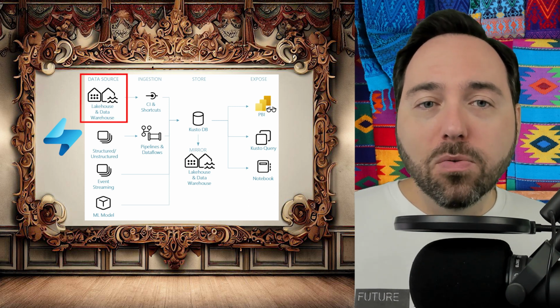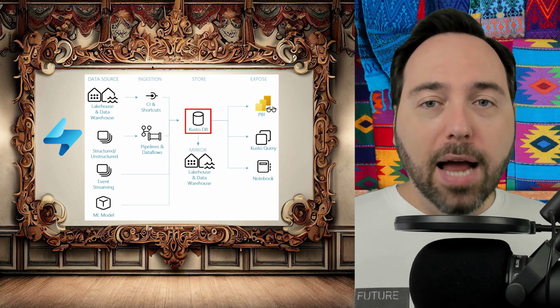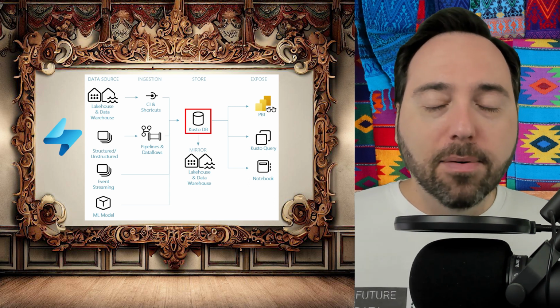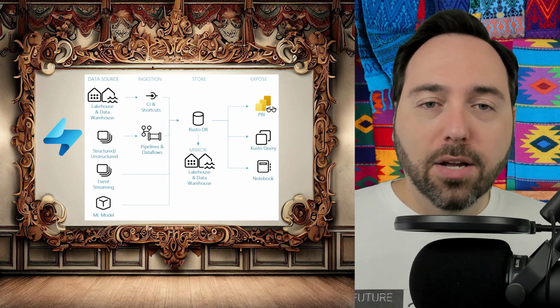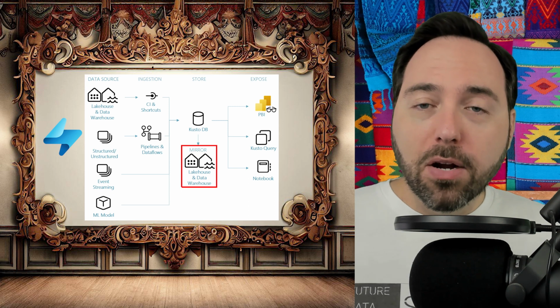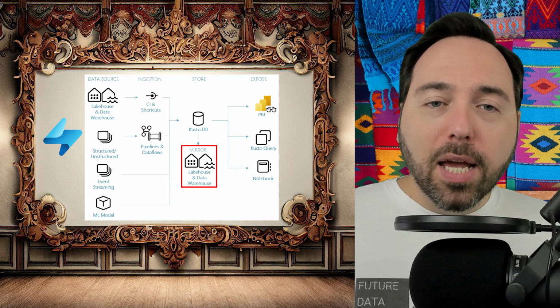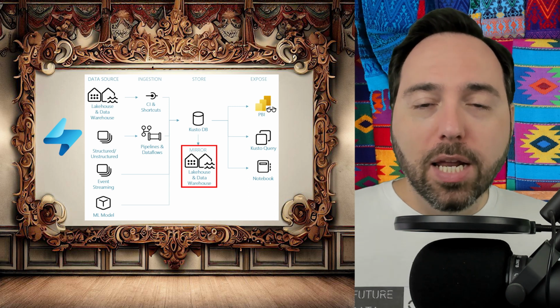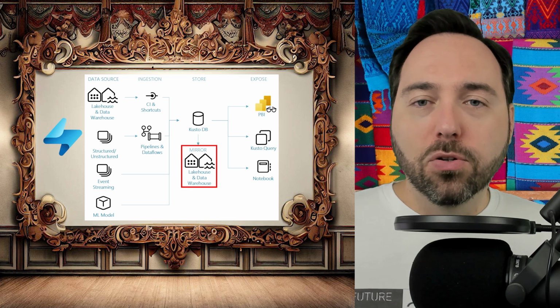This data makes its way into a Kusto database, which is quite similar to Azure Data Explorer or the Data Explorer pool in Synapse. Now, this data is not in Delta format, but there is a mirror written to our lakehouse, which is in Delta format, meaning we get the benefits of built-in caching and indexing from Kusto while still being able to work with that data in other tools.